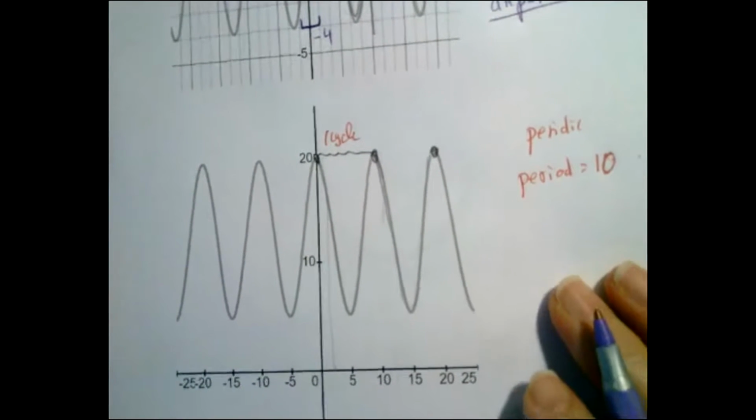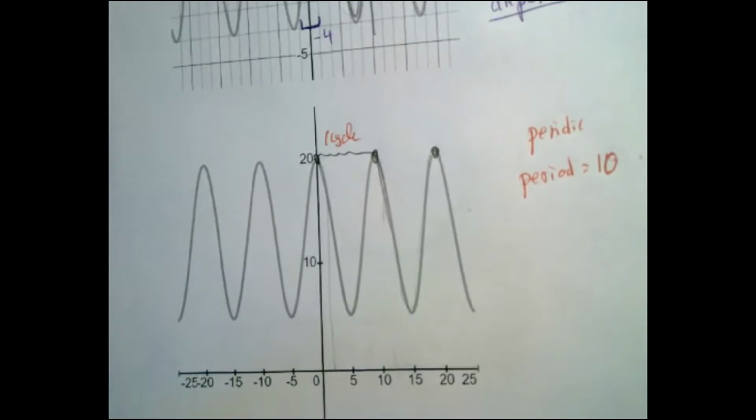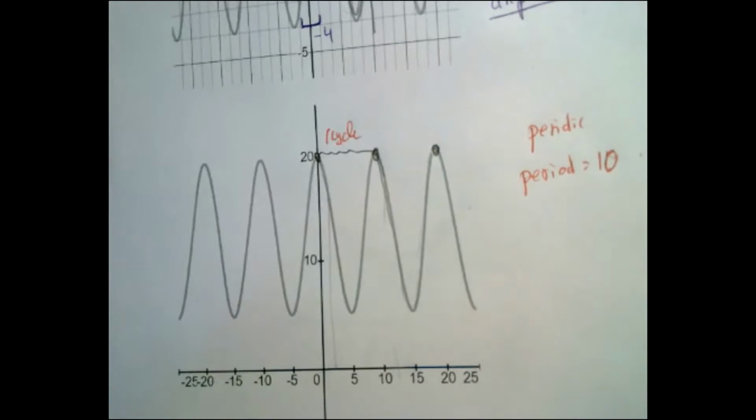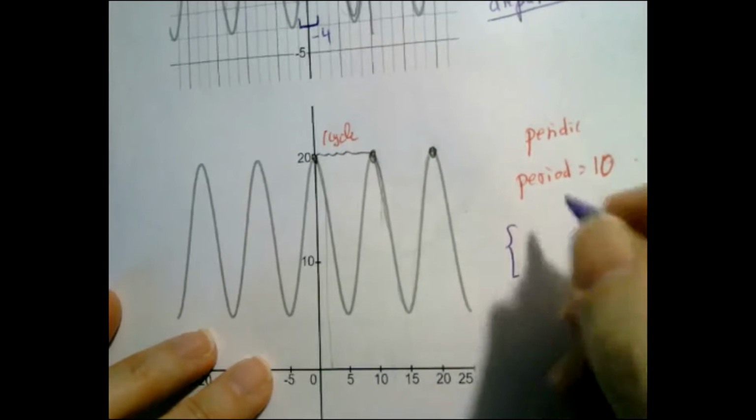All right, last one. It's a bit harder than the first two, but it's going to even help us to find formulas for the amplitude and the midline. Again, that's periodic. The period is 10. What's the max and what's the min? I always start with that, so I know what I'm doing.